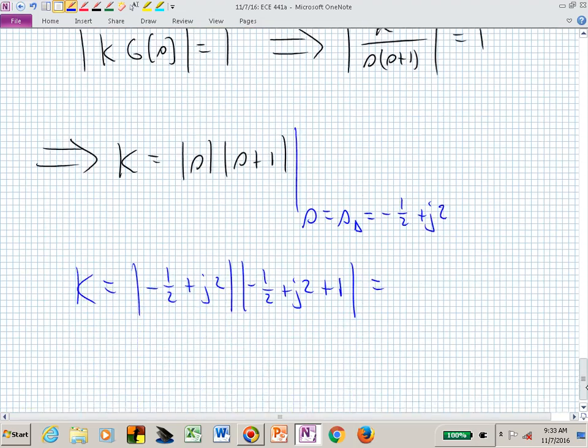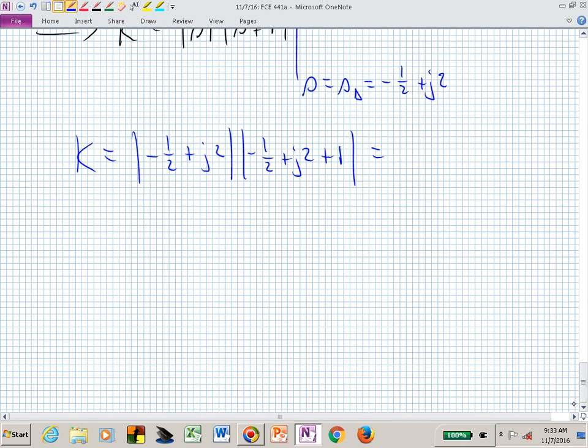which in this case ends up being 1/2 squared plus 2 squared. Since I have the real part squared plus the imaginary part squared, square rooted and multiplied together, I'm just getting rid of the square root and the square, and saying inside one of those is x squared plus y squared equaling c squared.